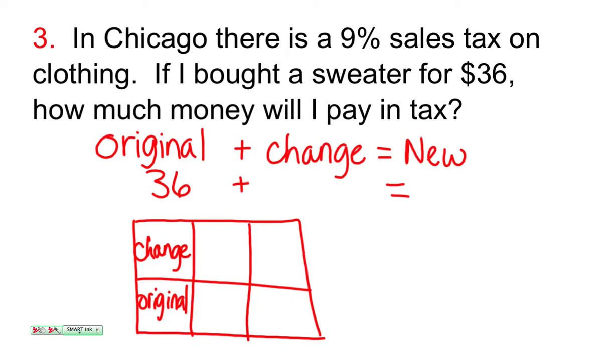We know the original price is $36. We don't know the change in price, the tax. We do know the percent tax is 9, so 9 over 100. Now solve for x. You can pause the video, and then when you're ready to continue, you can hit play.